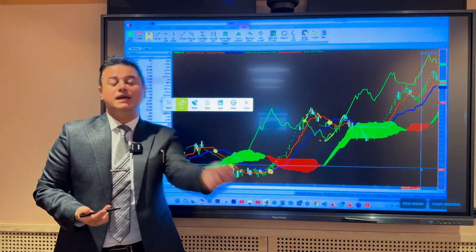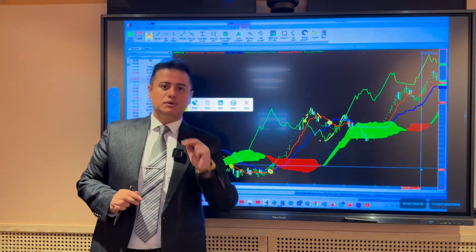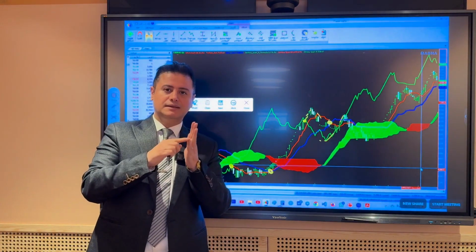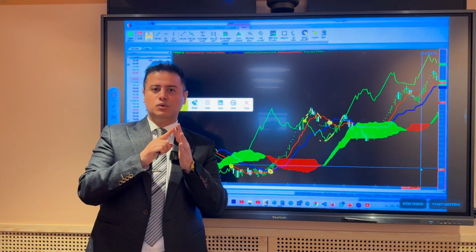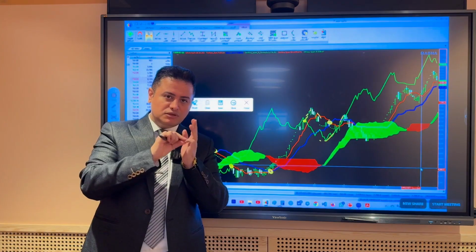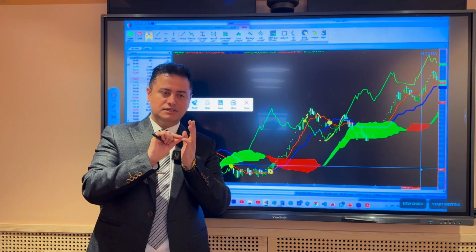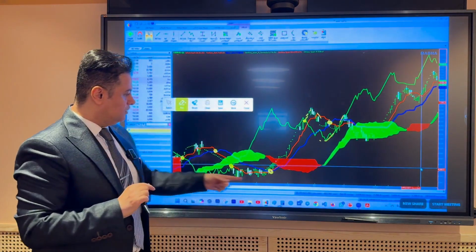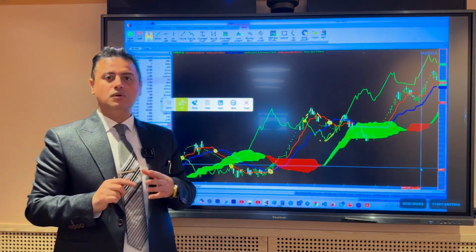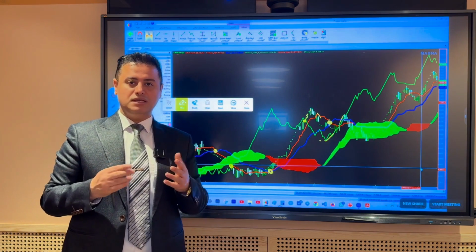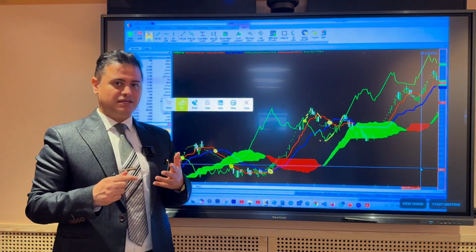So let's pay attention, guys. Two signals we've learned so far. For the lines, Tenkan, Kijun, and what? When the Tenkan-sen cuts the Kijun-sen from below to above, meaning these areas where we realize we have an upward trend, and conversely, it becomes a downward trend.